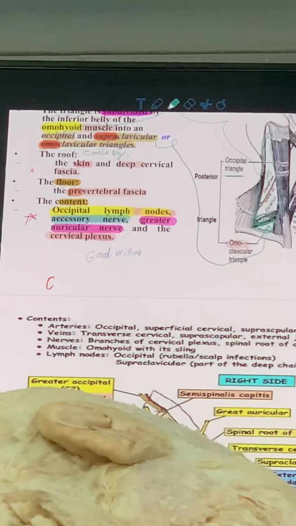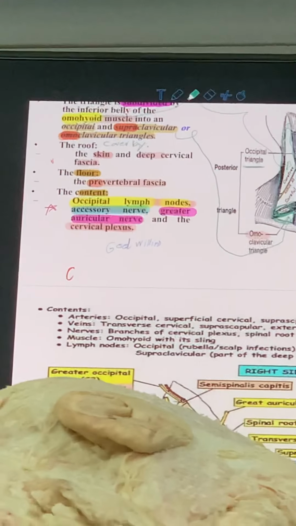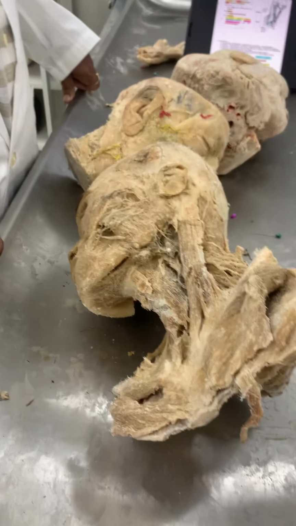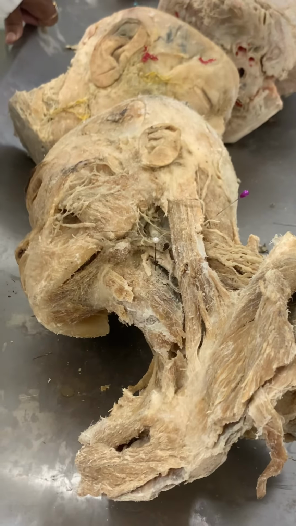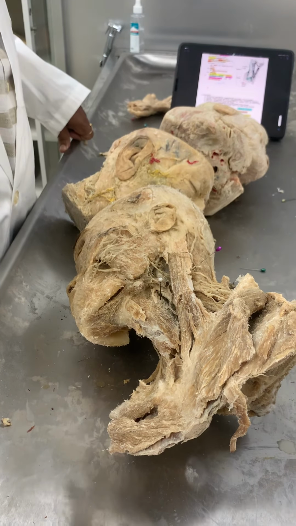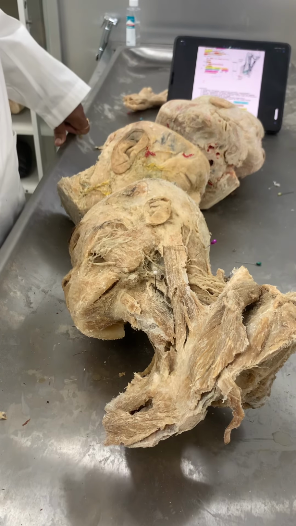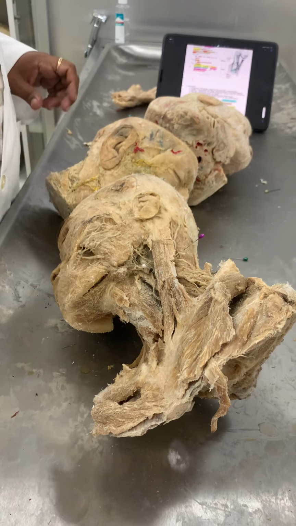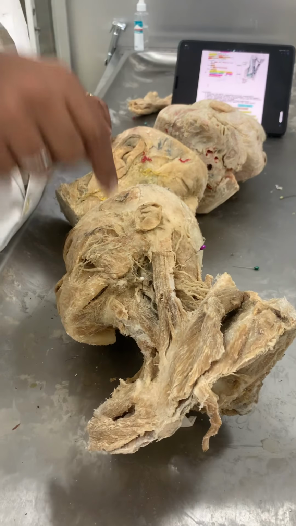Another question. Then same like anterior triangle. Name the anterior border. What is posterior border? Or name the contents of this triangle. Or name sub triangles.